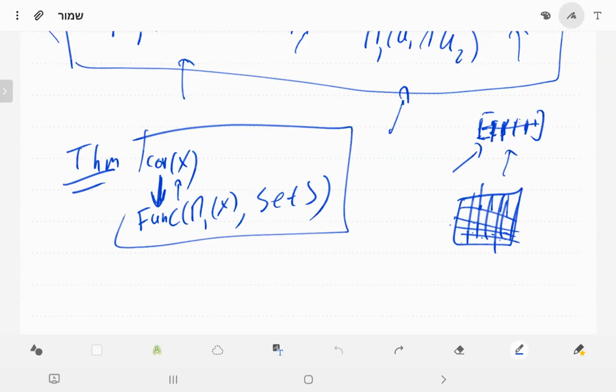So for each point of X, you can consider its fiber. And now if you have 2 points and a path between them, you want to consider a map between one fiber and another fiber. And this is exactly homotopy lifting or path lifting. You have a path downstairs in the base, and you know how to lift it from the beginning point, so you choose a point in the cover.